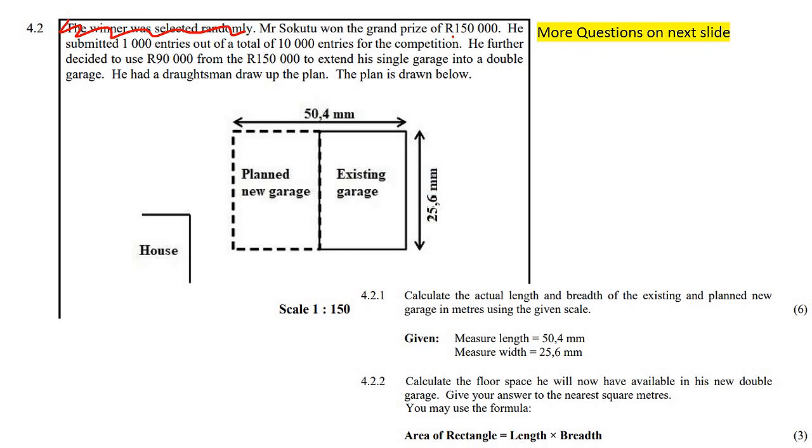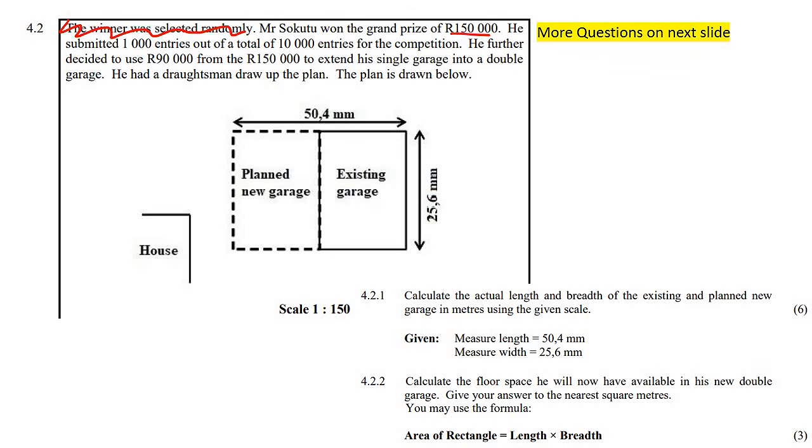Mr. Sokoto wins the grand prize of 150,000 rand. He submitted 1,000 entries out of a total of 10,000 entries. Okay, so there was like a raffle competition and there was 10,000 entries in total, and this dude went and purchased like 1,000 entries. Geez, like this guy's eager to win some cash.